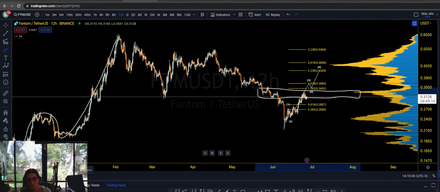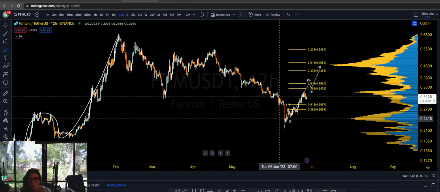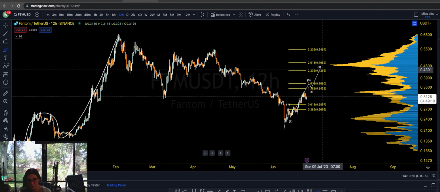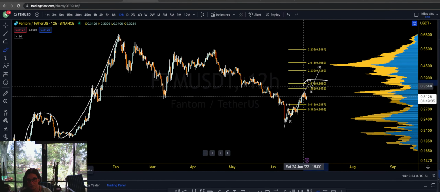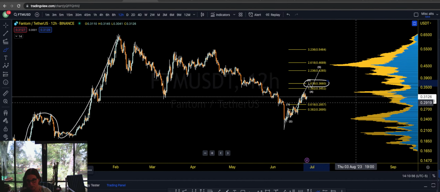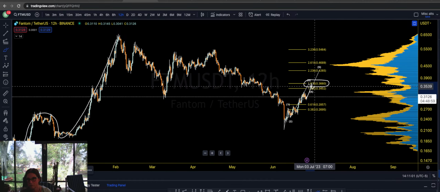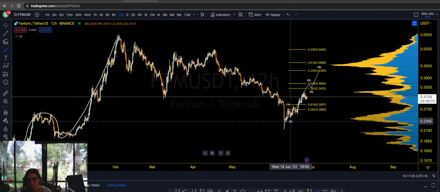Let me say this: impulse waves very rarely stall before they hit their 1.618 extension. But it's not unheard of that it eventually finishes. But that's what needs to happen.